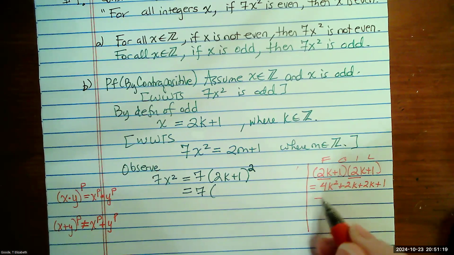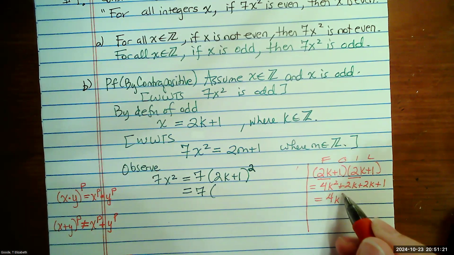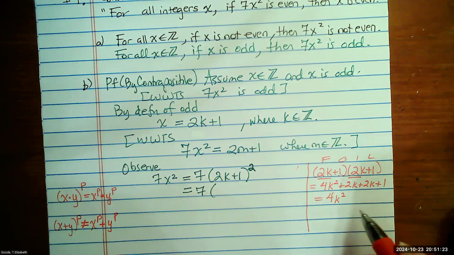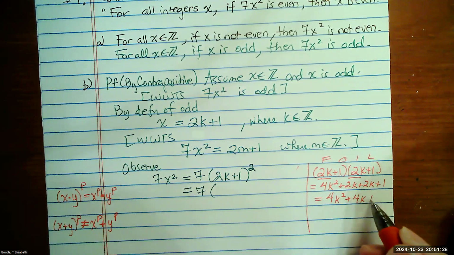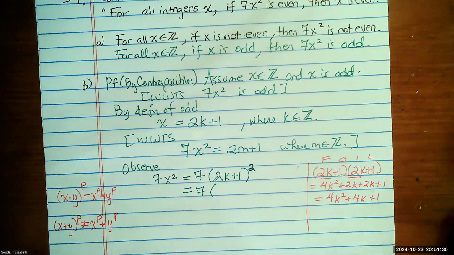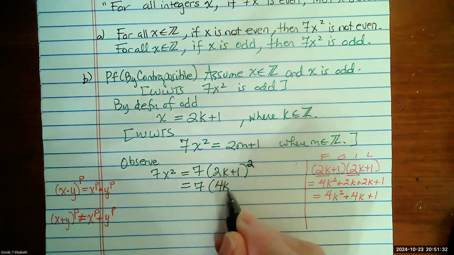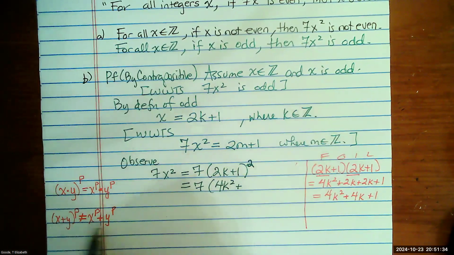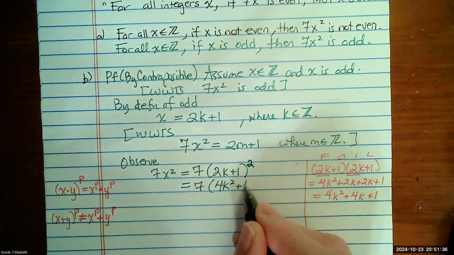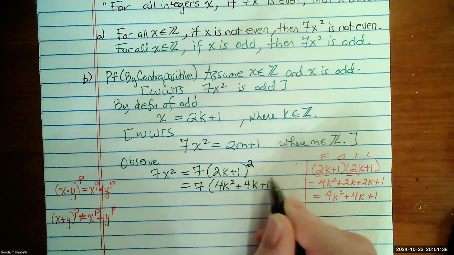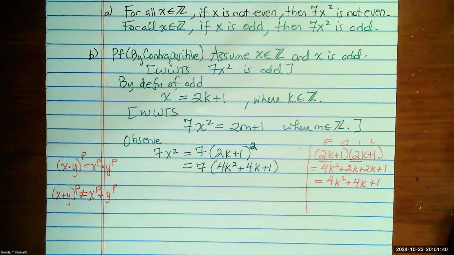Yeah, that gives me 4j squared plus 4j plus 1. Nice. Good. That's what we do in here, because this is not a rule. I'm so glad you came in and asked about that. That was my first question.